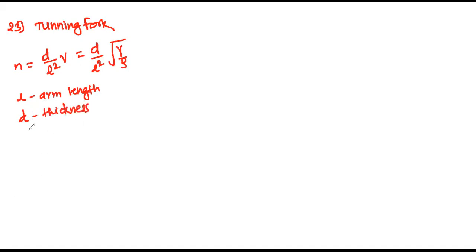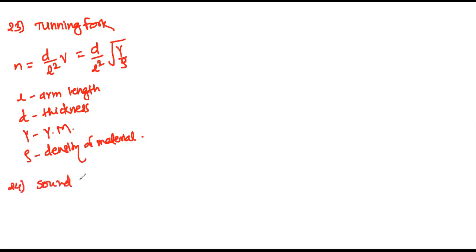Y is Young's modulus. And ρ is density of the material used for making the tuning fork. Clear?